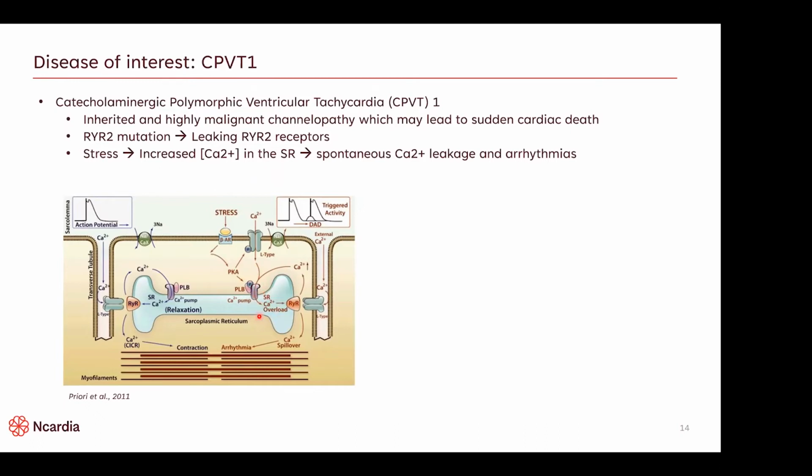This kind of calcium overload then leads to calcium spillover in the cytosol because the ryanodine receptors are not working properly. And this kind of calcium spillover leads to arrhythmia, as we can see here.